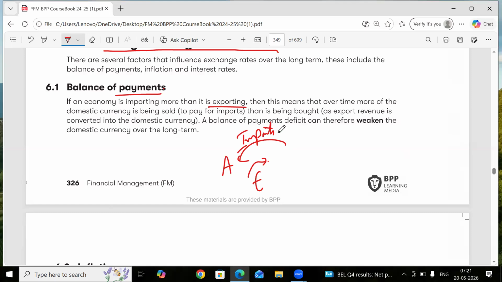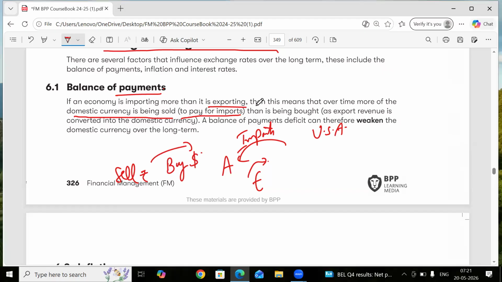So what happens? Do you have trade surplus or trade deficit? Trade deficit. Then this means that over the time, more of the domestic currency is being sold to pay for imports. Yes, if you are importing so many goods from US, you have to pay in dollars. To pay in dollars, you have to sell rupee, buy dollars.